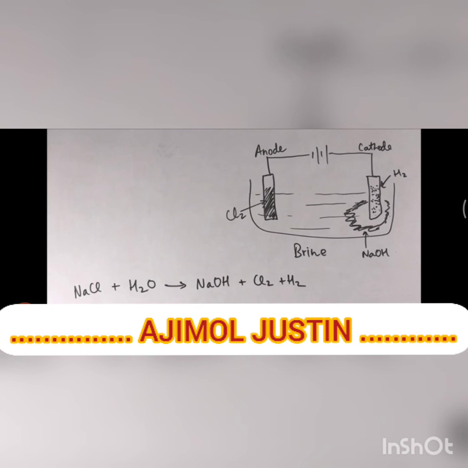Chlorine, being negative ions, is attracted towards the anode, and hydrogen, being positive, is attracted to the cathode. And this sodium hydroxide is found nearby the cathode, nearby the hydrogen. This process is called the chlor-alkali process.